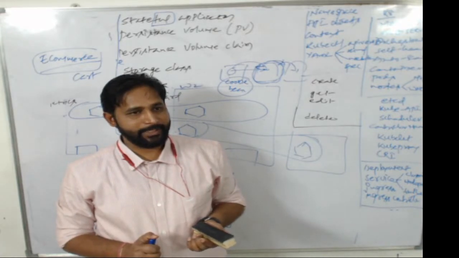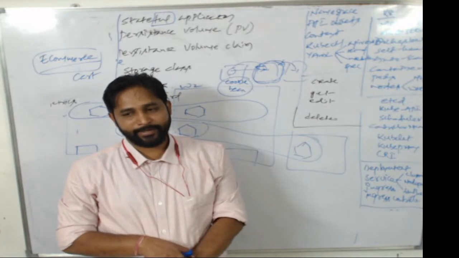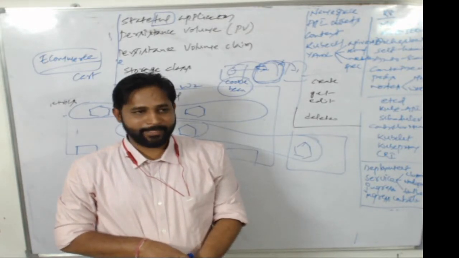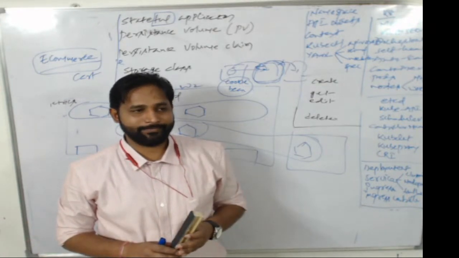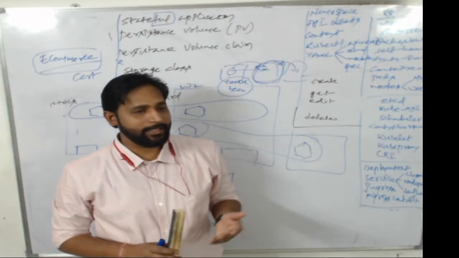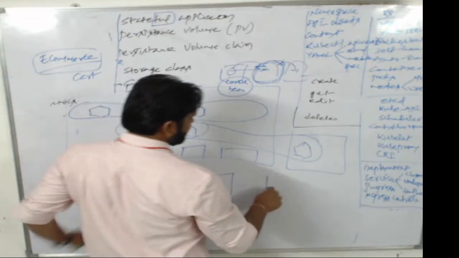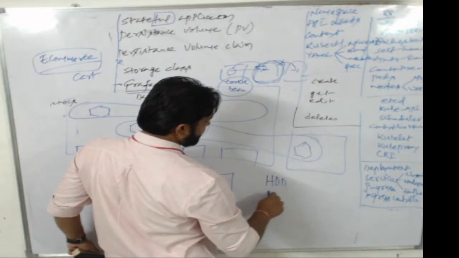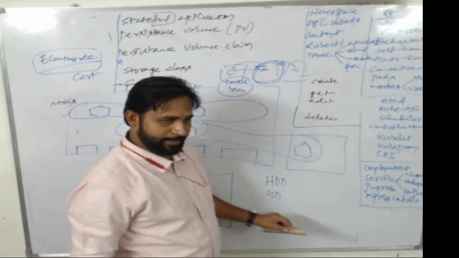Agreed? RAM, for example, is it permanent or temporary? It's temporary. The moment you switch off your laptop, all the things in your RAM are gone. Whereas hard disk is permanent. Now you have both types of hard disk: your HDDs, which are the old style, and SSDs nowadays. Both are permanent storages.